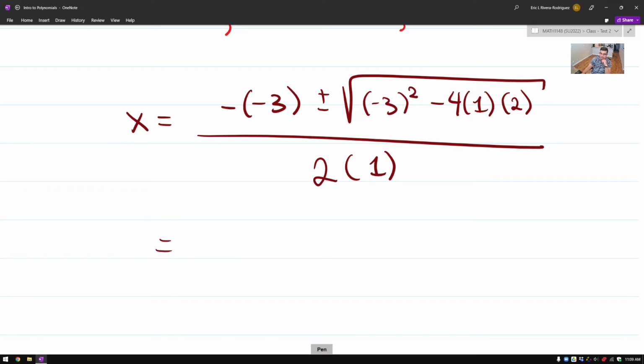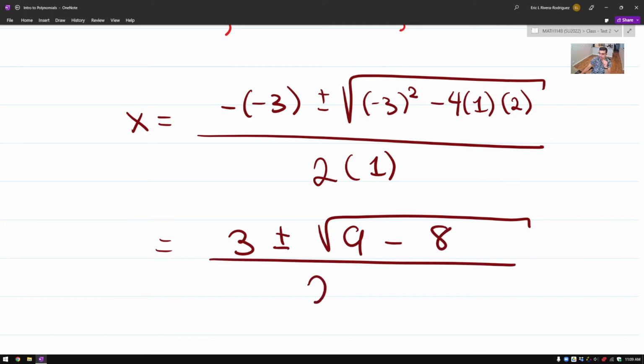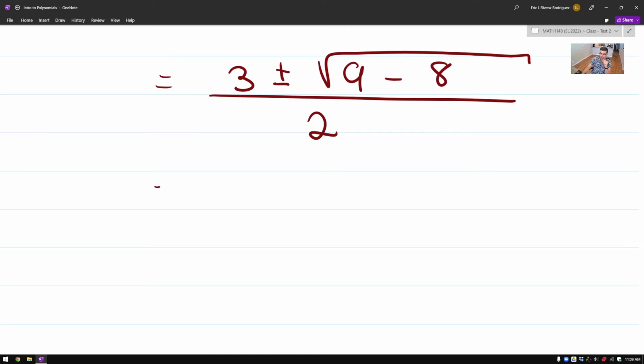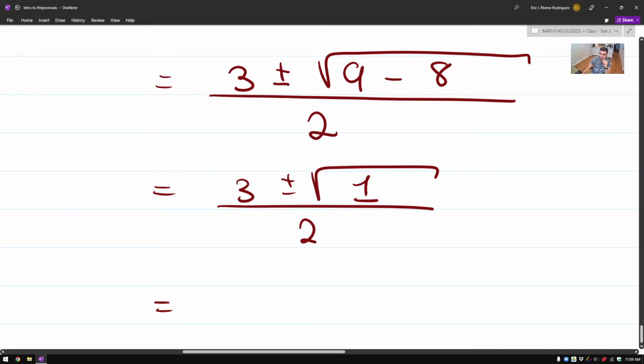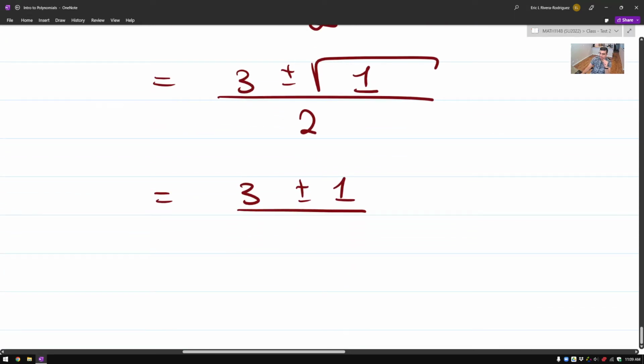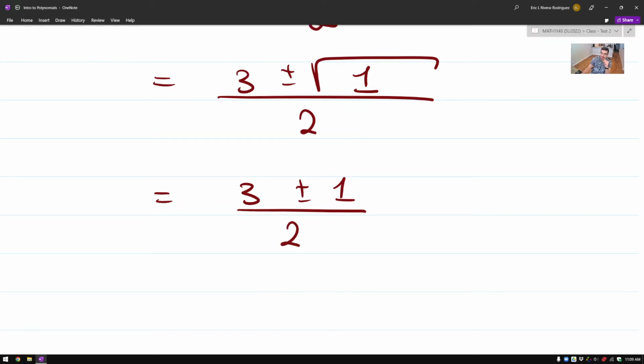Solving all this, remember always to follow the order of operations, we got positive 3 plus or minus the square root of, inside the radicand, 9 minus 4 times 1 times 2, which is 8, over 2 times 1, which is 2. We continue working with this: plus or minus the square root of 1, all over 2. We simplify this by getting 3 plus or minus 1. And what's the meaning of this plus or minus 1?